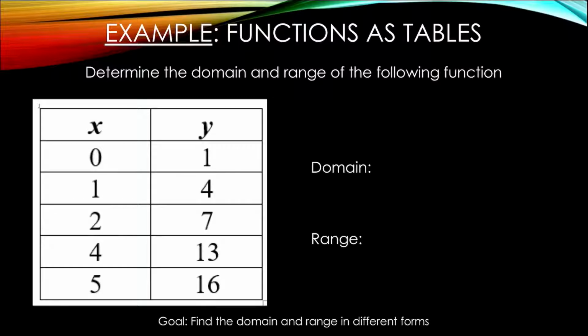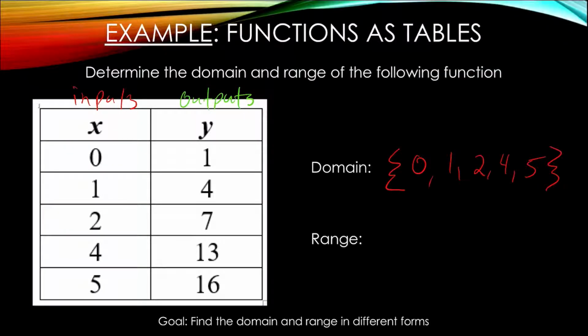I have my inputs, we have our outputs. So the domain is going to be the list of all inputs that exist. So we have 0, 1, 2, 4, 5.